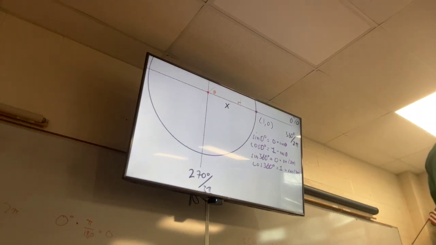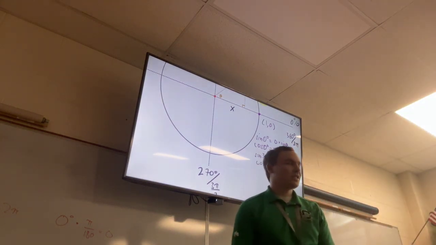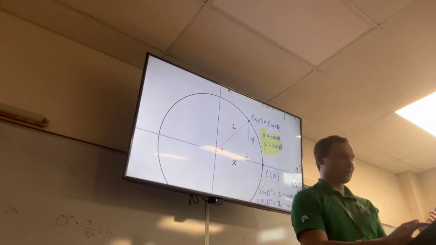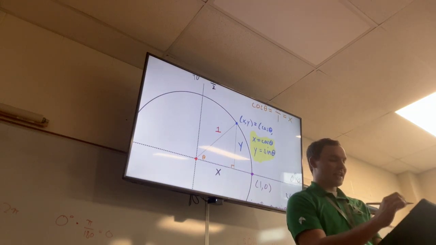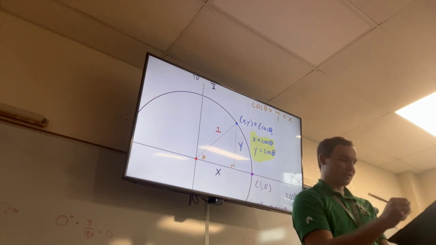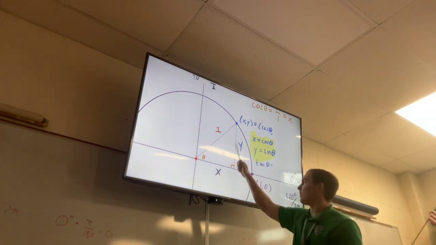What about tangent? How would we get the tangent? Exactly. Let's go back up to this triangle right here. The tangent of theta is what? The opposite over the adjacent.